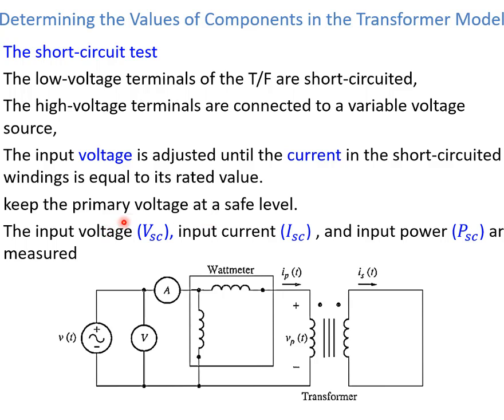So the input voltage V short circuit, input current I short circuit and the input power P short circuit are measured. So we will get these three measurements: the voltage while one side of the transformer is short circuited, the current while one side of the transformer is short circuited, and the power while one side of the transformer is short circuited.